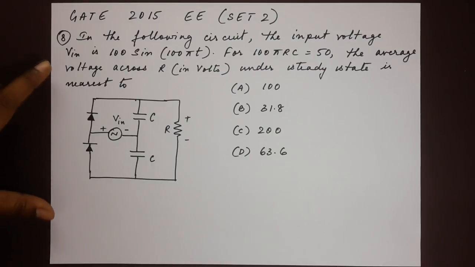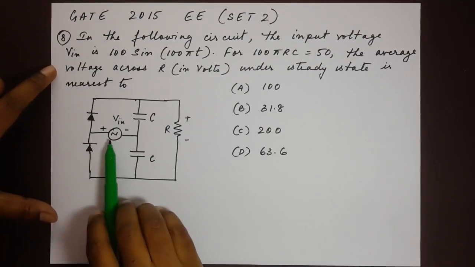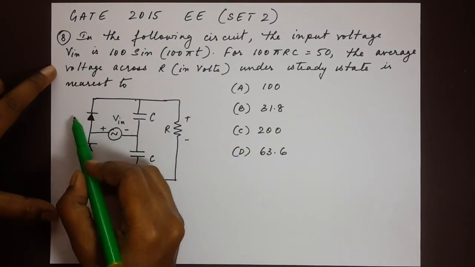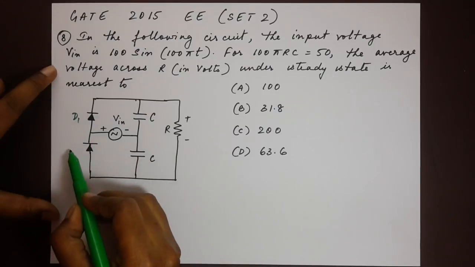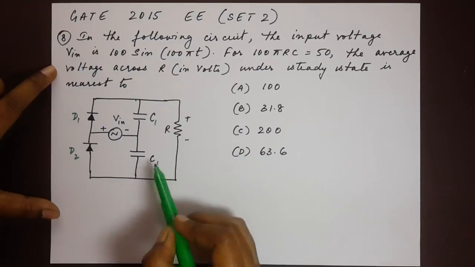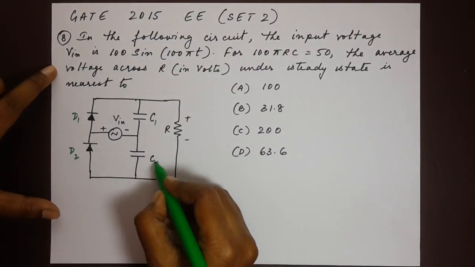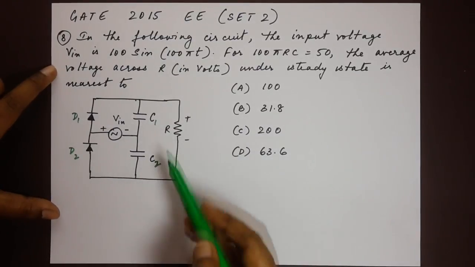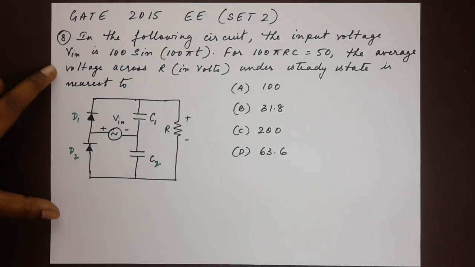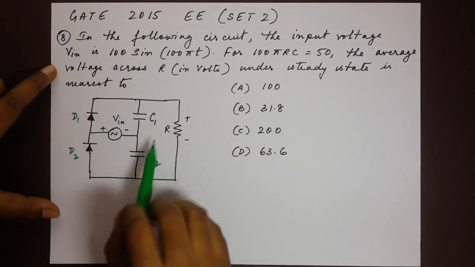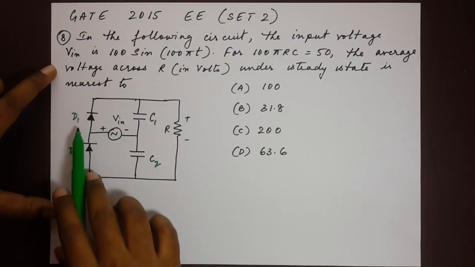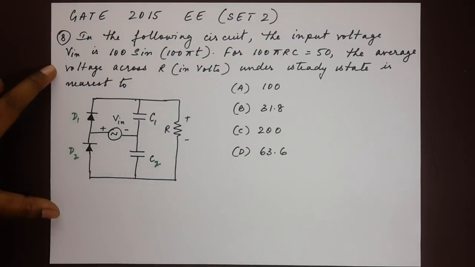So if and when the positive half cycle is going on, let's call this D1 and we'll call this D2. Similarly, we'll call them C1 and C2, though they might have the same values of capacitance. Just to indicate exactly what is operating during a half cycle, I'm denoting them as D1, D2, C1 and C2.